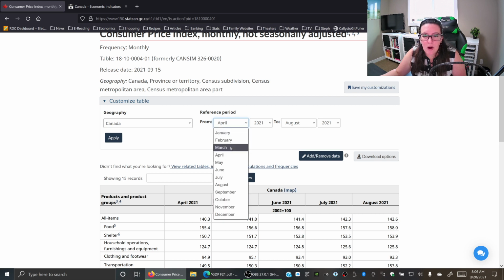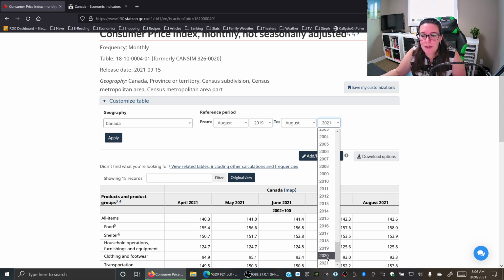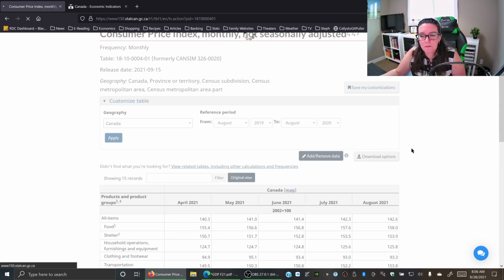And let's look at August 2019 to August 2020. So you can pick a range. If you happen to be doing a comparison with the US or between provinces, of course, you want to make sure you're comparing within that same time period. So let's just apply that here.